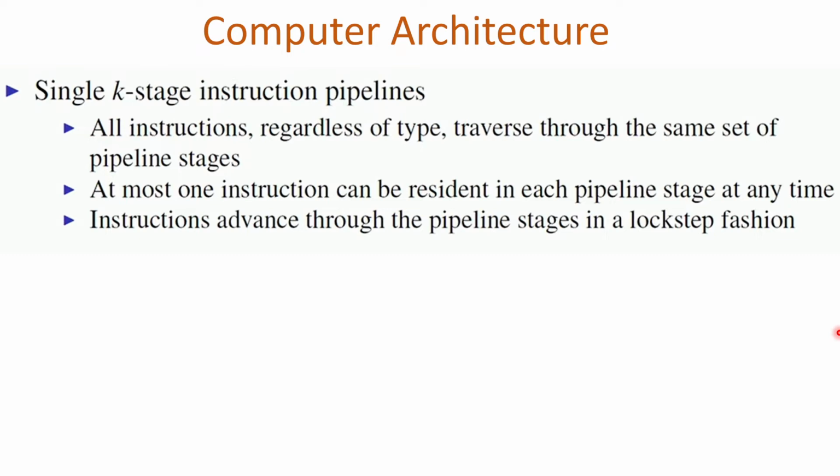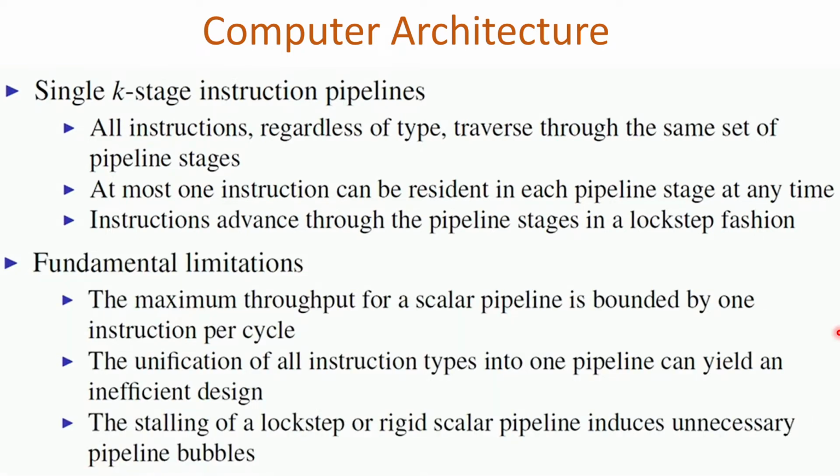If we list all the limitations that we have found regarding the different types of pipelining we have seen in previous classes, they can be written in these 3 points. Point number 1: the maximum throughput for a scalar pipeline is bounded by one instruction per cycle.